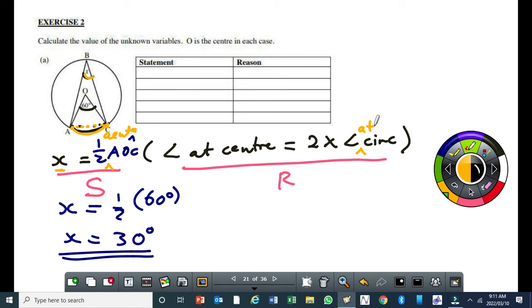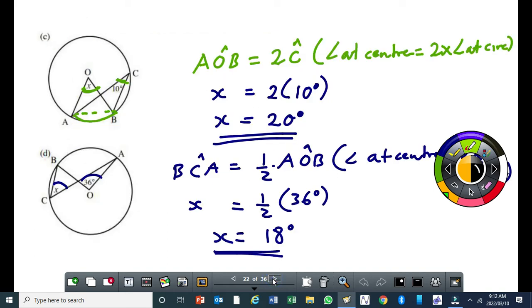To make the angle x, you start from the circumference all the way to the circumference. So, both angles are subtended by the same chord, also by the same arc. That's why the acute angle at the center is 2 times the one at the circumference. That's how we do it. Right, so that's a simple example.